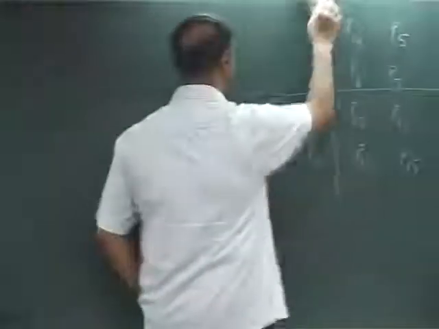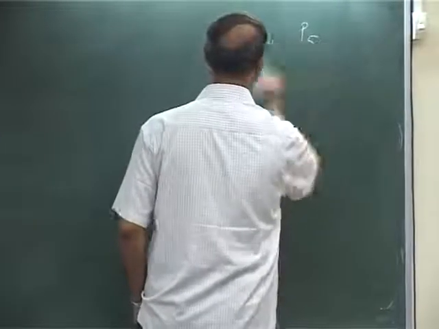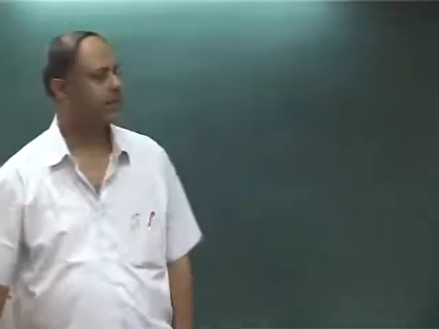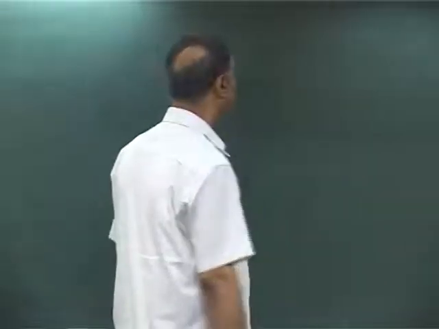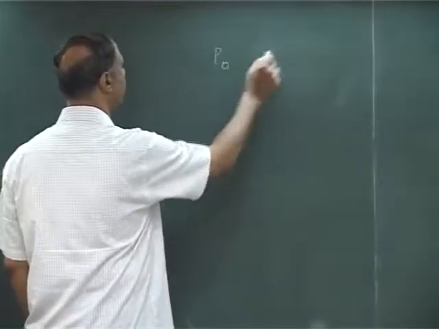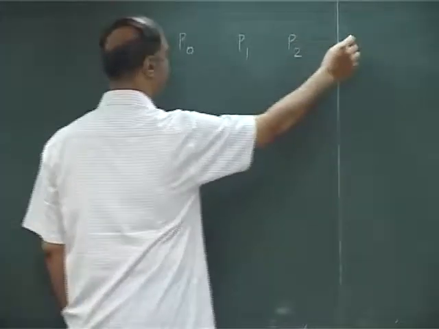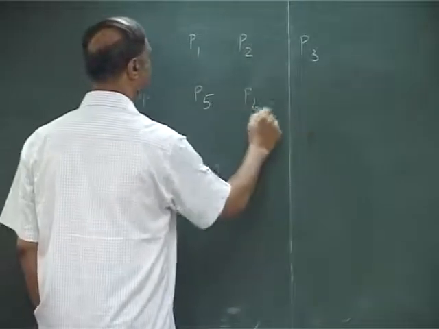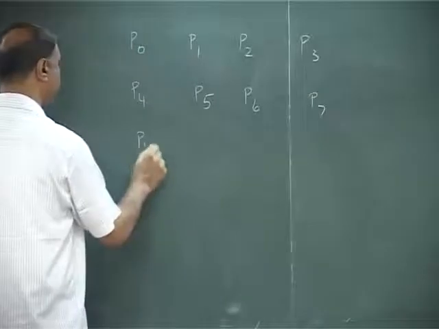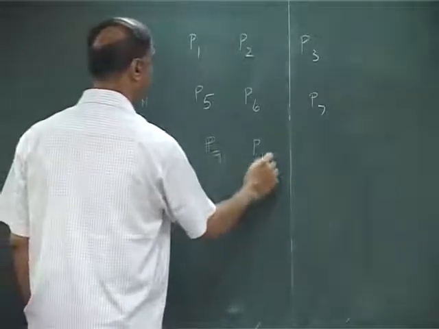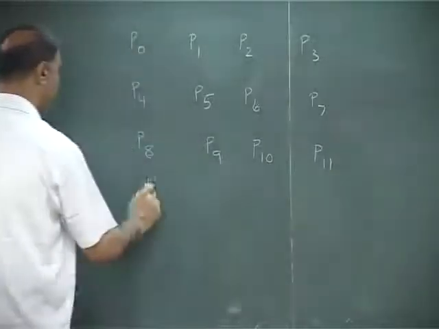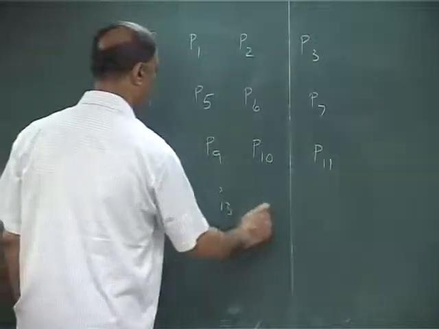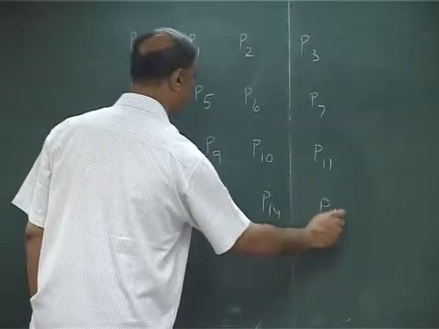And so on. You observe that for the 2D mesh connected computers, you have at most 4 connections. Now, in the boundary, you may have 2 or 3 connections. For example, you have P0, P1, P2, P3, P4, P5, P6, P7, P8, P9, 10, 11, 12, 13, 14, 15.